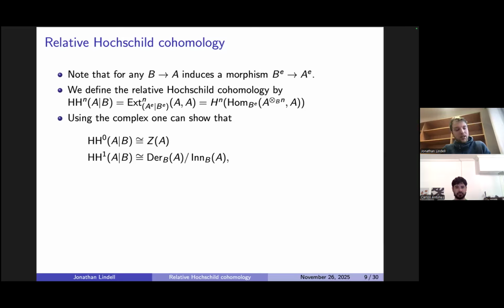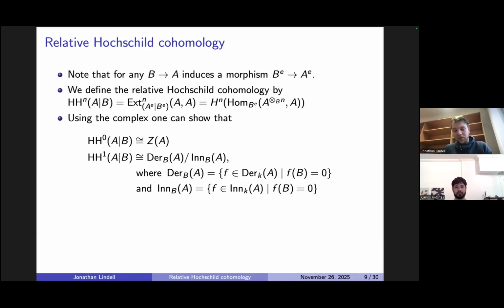What do we mean by a derivation of A with respect to B? A derivation of A with respect to B is just a derivation that vanishes on the B part. And similarly, an inner derivation of A relative to B is just an inner derivation that vanishes on the B part.